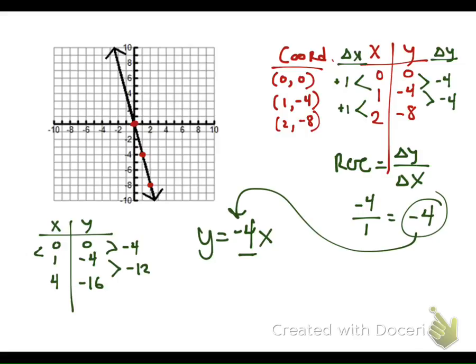For my x's, my change is 1 here, and here my change is 3. If I put my delta y over delta x and reduce that, I'm going to come to negative 4. If I do my first one, negative 4 over 1, I still get negative 4. So even if the changes aren't the same, like we have right here, you should still get the same rate of change if everything is working out the way it should. Okay? So there we go.